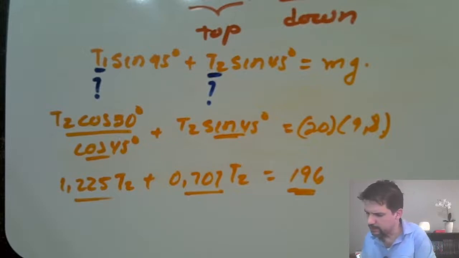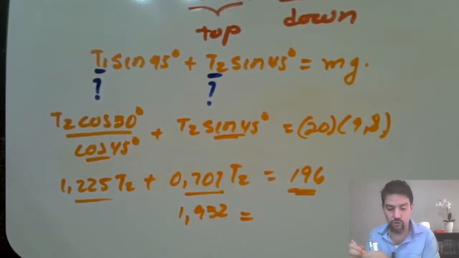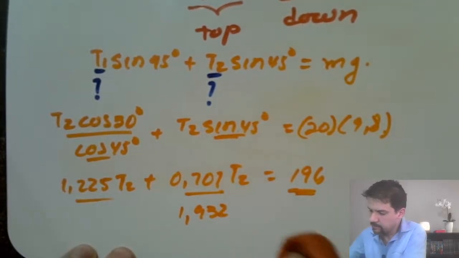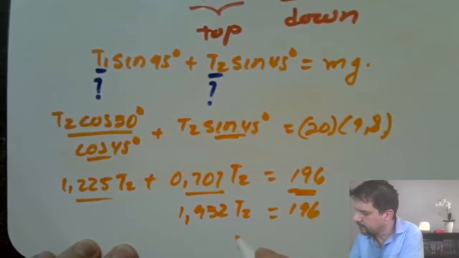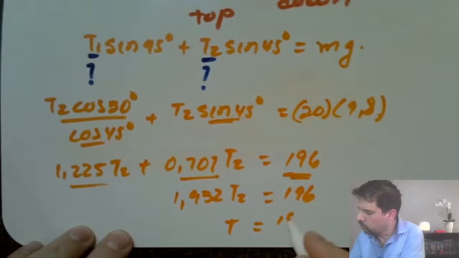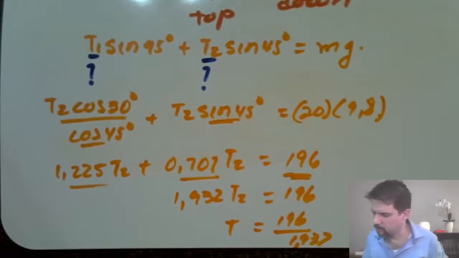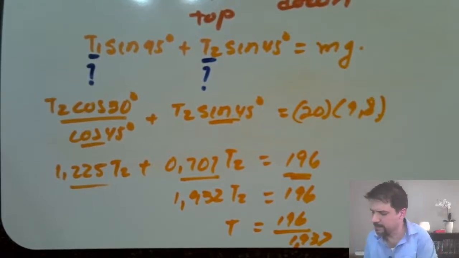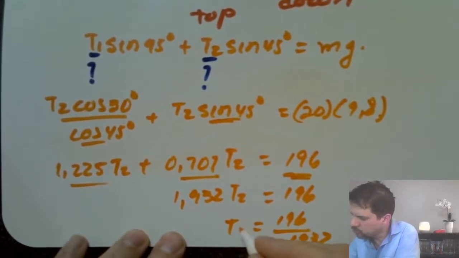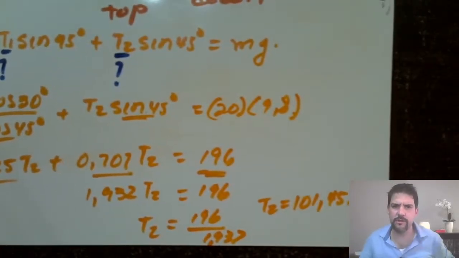When you substitute here, you get 1.932 T2, equal to 196. You rearrange, and T2 is equal to 196 divided by 1.932. We get 101.45 newtons. That was T2.